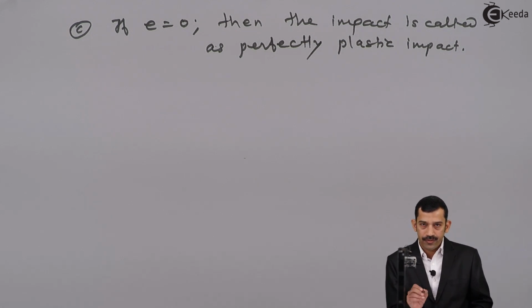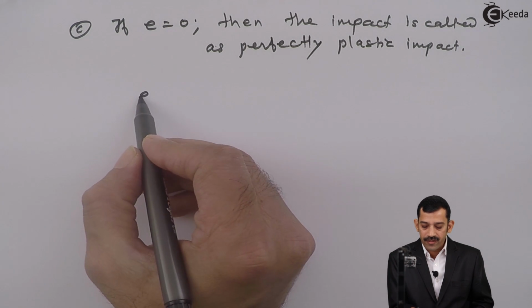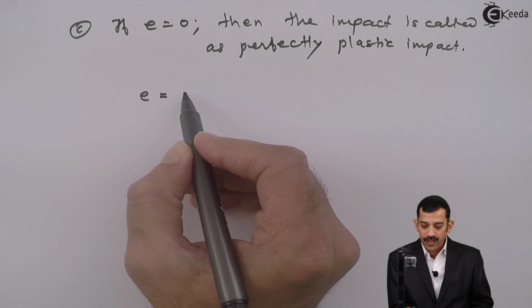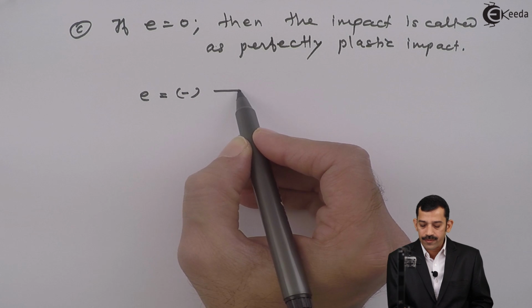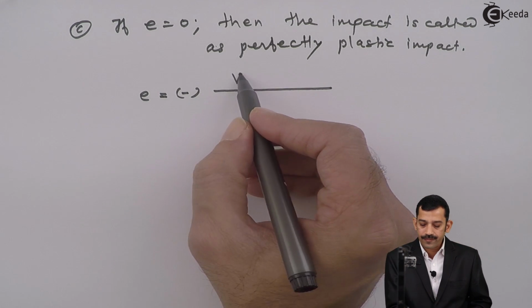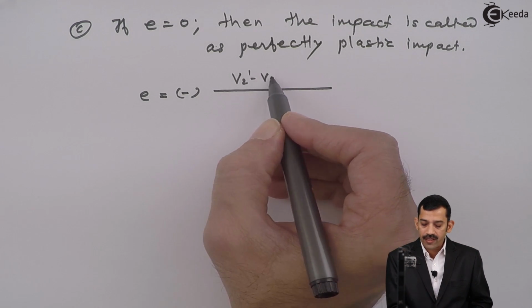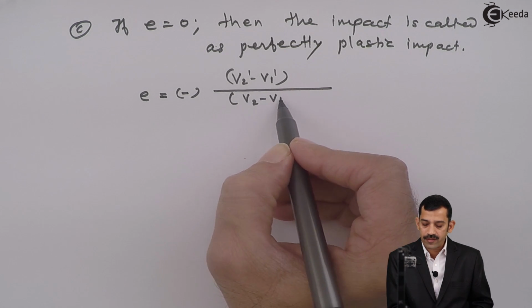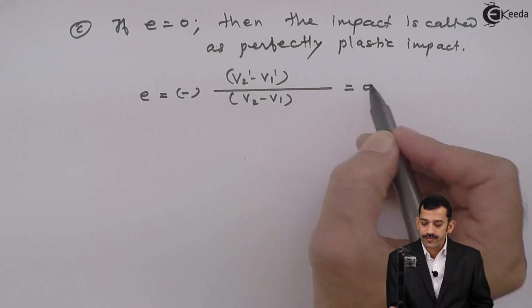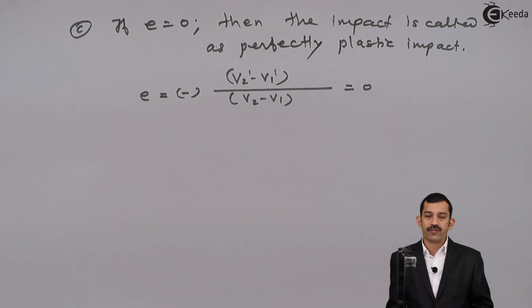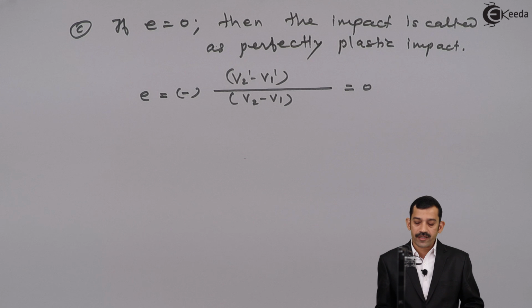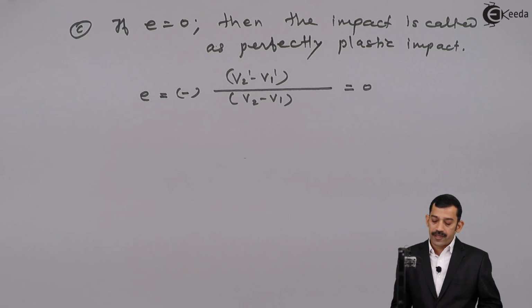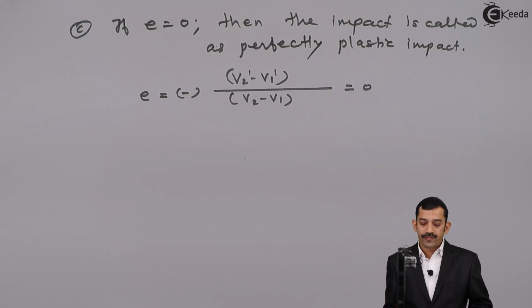Now if we substitute the value of E as 0 in our formula, E is minus of V2 dash minus V1 dash upon V2 minus V1, which is equal to 0. This equation is for perfectly plastic impact.